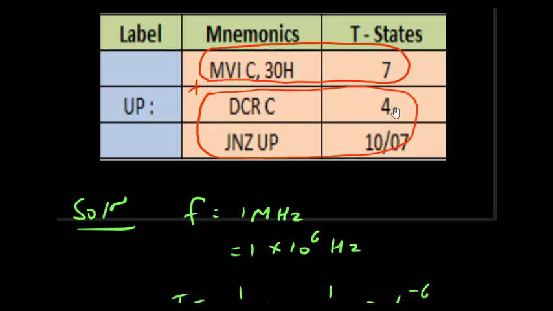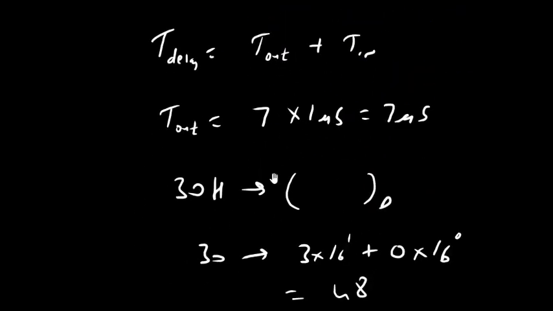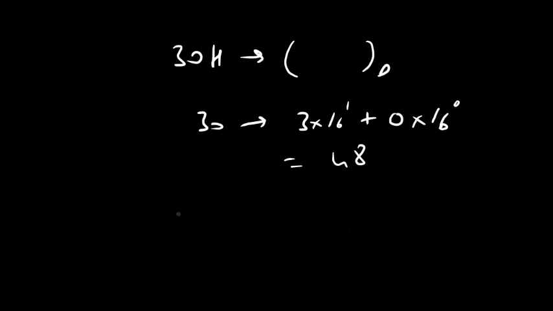So DCR C has 4 T states, and let us assume that JNZ, which has 10, is executed the same number of times. So 10 plus 4 is 14. So T inside equals 14 into 48, into of course 1 microsecond.